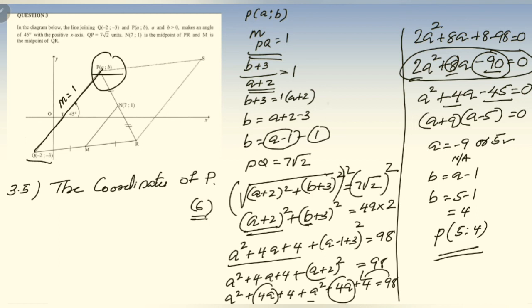One mark is for this one, B in terms of A. Then the other is this distance formula, and one is for this substitution here, 3 marks. Then 1 mark is for the x value, then the y value of P, then 1 mark is for the standard form of the quadratic equation. Is it clear? So altogether a 6 marks question.